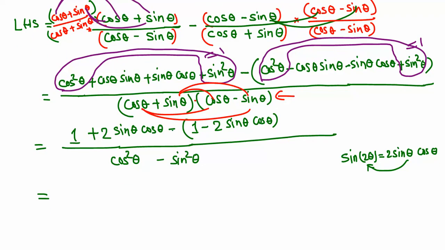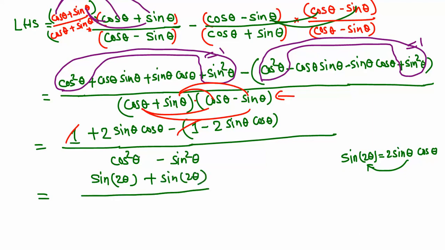Now on the top, when we distribute this negative, it becomes negative 1 times negative, so positive. We saw that 2 sine theta cosine theta is just sine 2 theta, so this is sine 2 theta, and negative times this minus will be positive, and the same thing here, that's sine 2 theta.